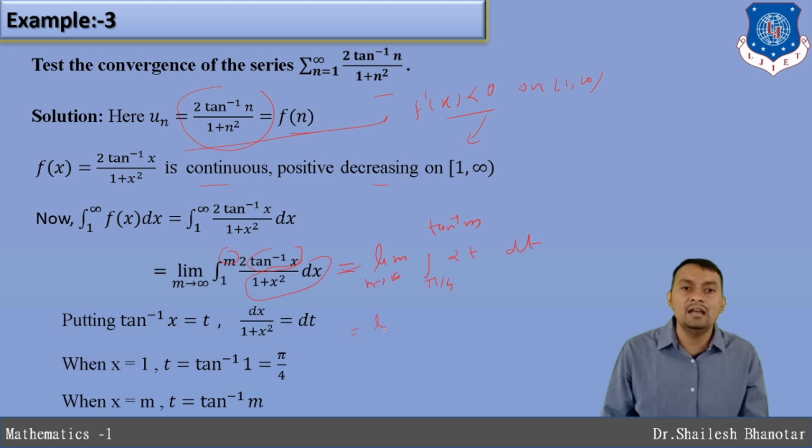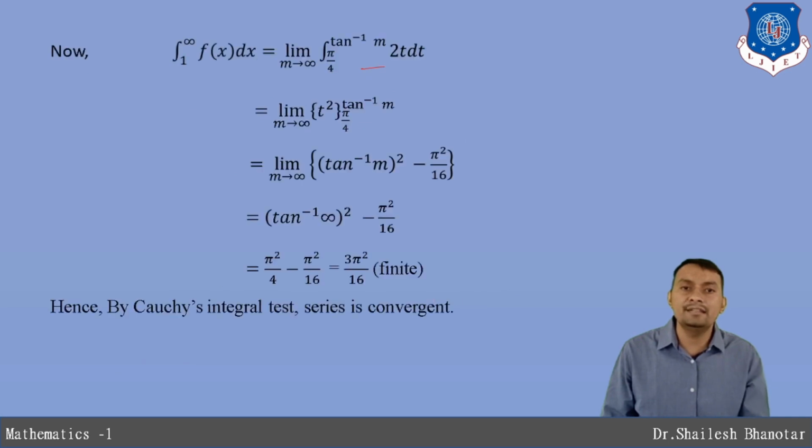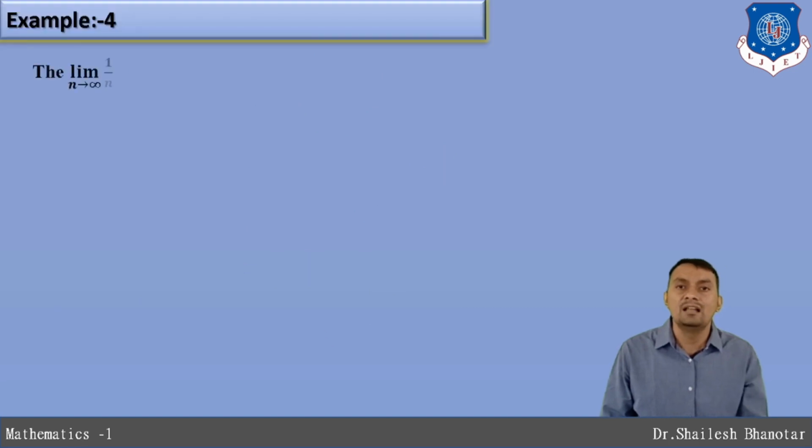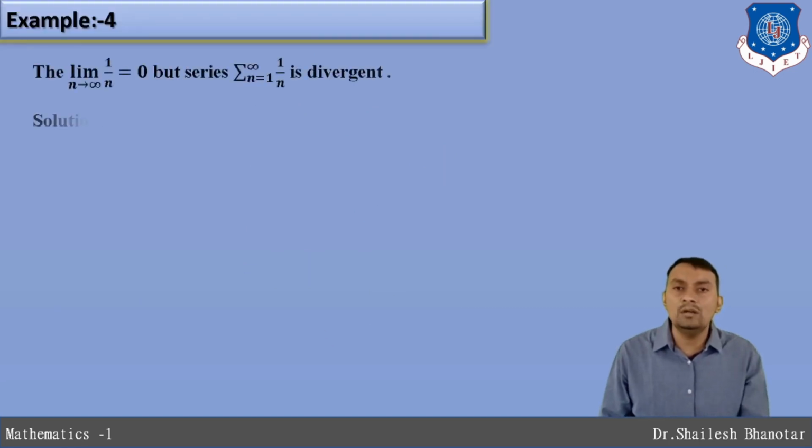When we integrate, 2 times t square divided by 2, the 2 is eliminated, and we evaluate from pi by 4 to tan inverse m. Whenever you apply the upper limit and the lower limit and simplify, you will get a finite quantity, and therefore according to the Cauchy integral test, the series is convergent.